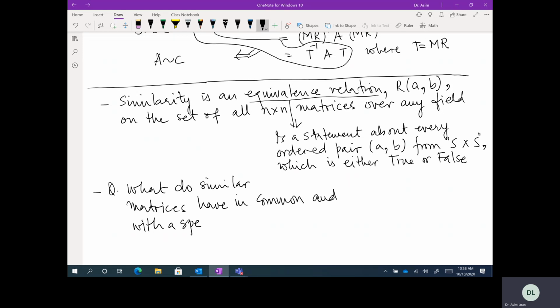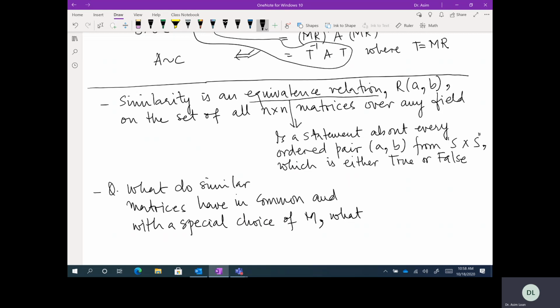So A is similar to the diagonal matrix. And if we don't have a full set, then obviously we have the Jordan form.